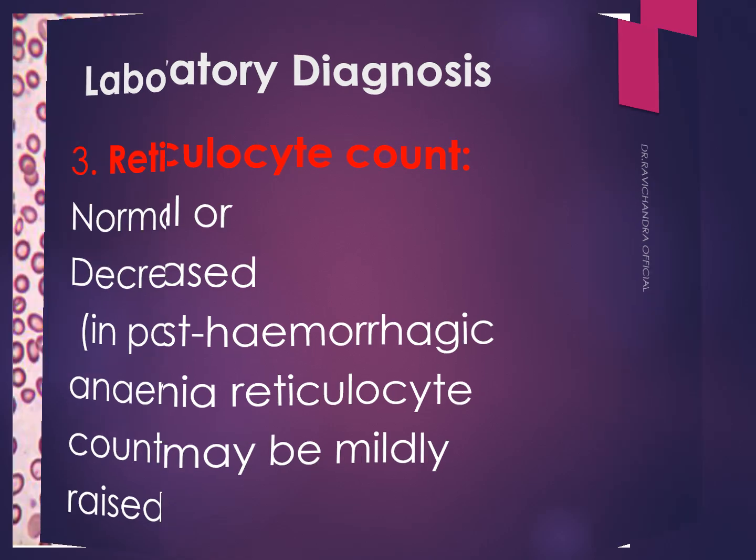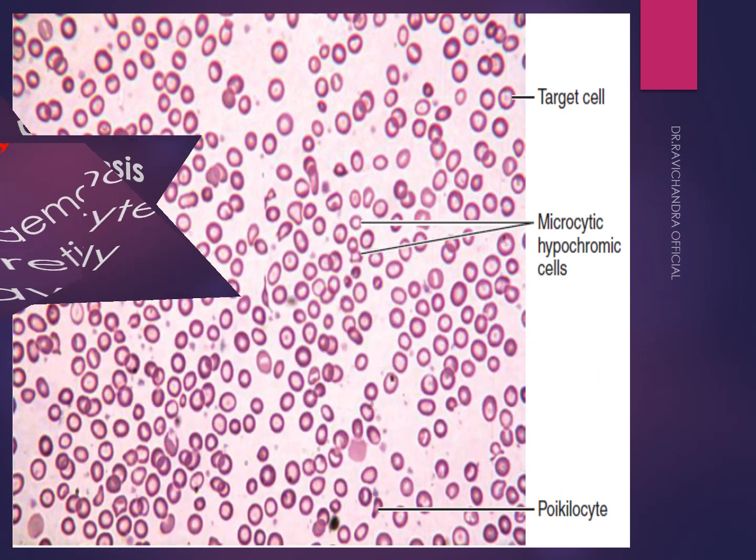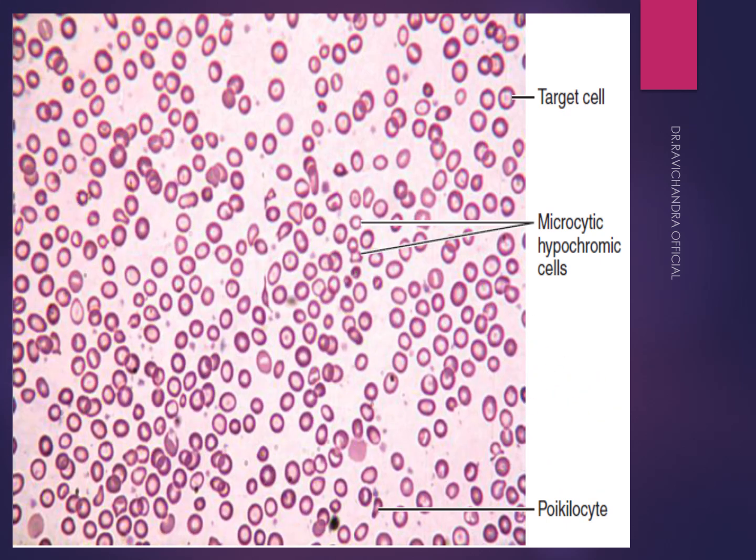So this is a beautiful peripheral blood smear picture showing microcytic hypochromic red blood cells. There is poikilocytosis and a few target cells are seen. Target cell is also called a codocyte.